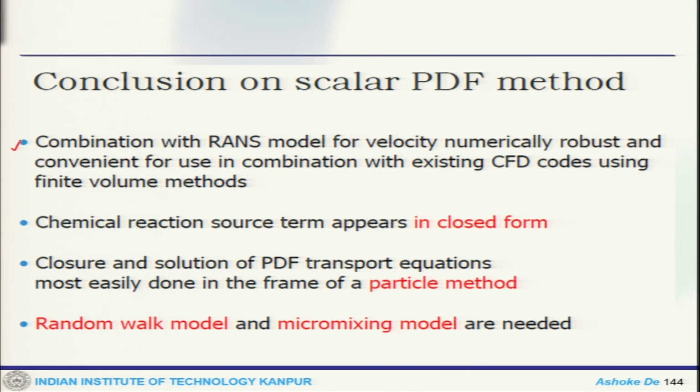That's one of the advantages. The second advantage is that the chemical source term appears in closed form. This is very important, because this is one of the terms which creates a lot of problems and challenges to close in a governing equation, because it is quite steep and makes the system of equations quite stiff for solution.